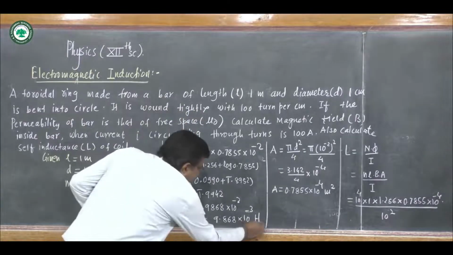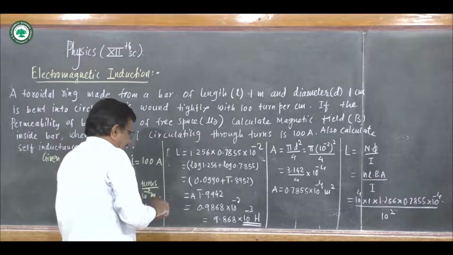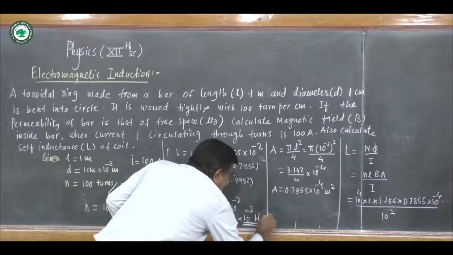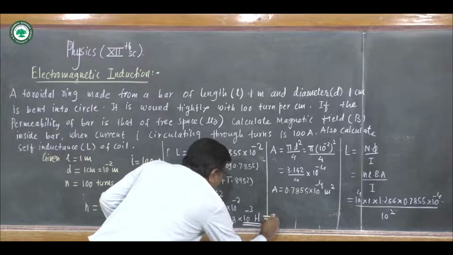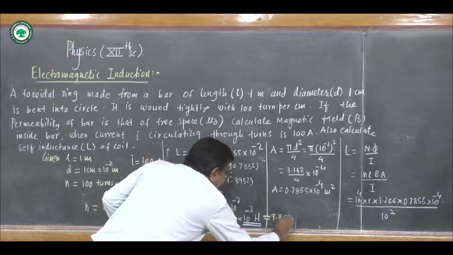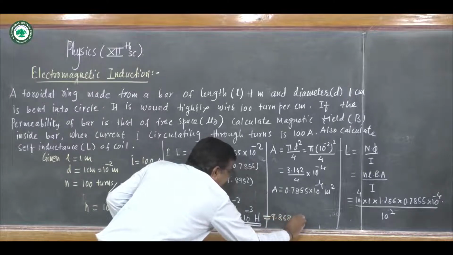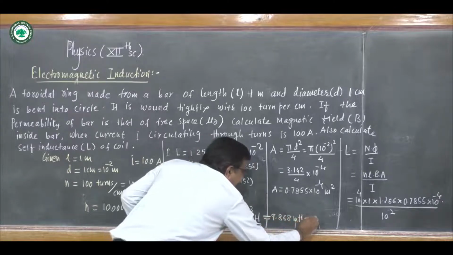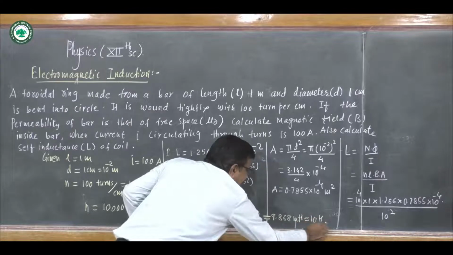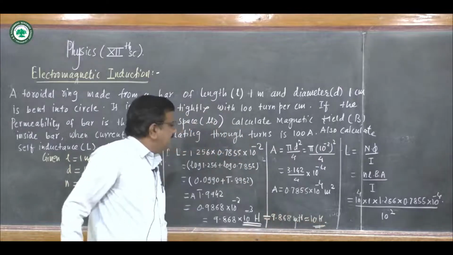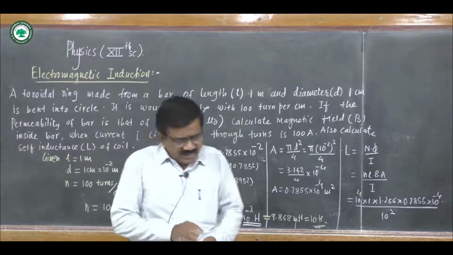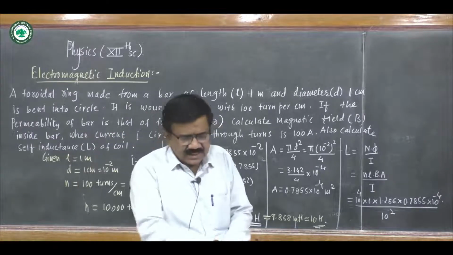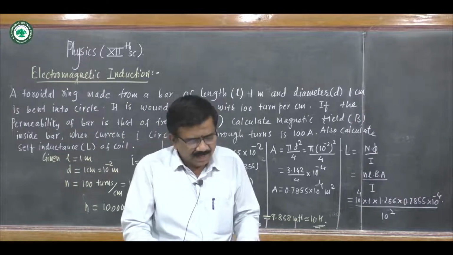But 10 raised to minus 3 Henry is 1 millihenry. It means this answer is 9.868 millihenry, or approximately 10 millihenry. In our textbook, the answer is given as 10 millihenry. You may write it either way.